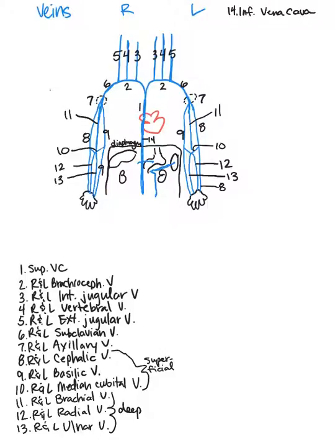That will actually join with the splenic vein, and those are going to go into the liver and form what we're going to call the hepatic portal vein. Also dumping into the hepatic portal vein is the superior mesenteric, which is draining the small intestines and a small portion of your large intestines.